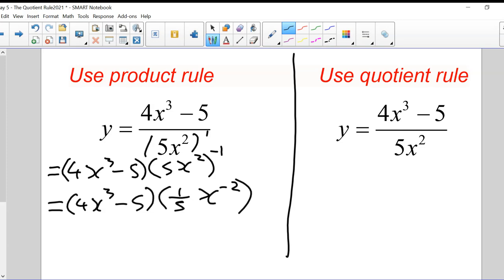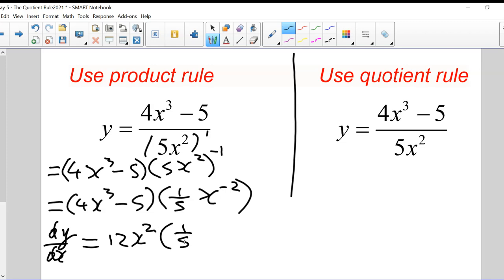So according to the product law, let me give myself some more room here. So dy/dx now should be equal to the derived first one, which is 12x^2, multiplied by 1 over 5 x to the -2.